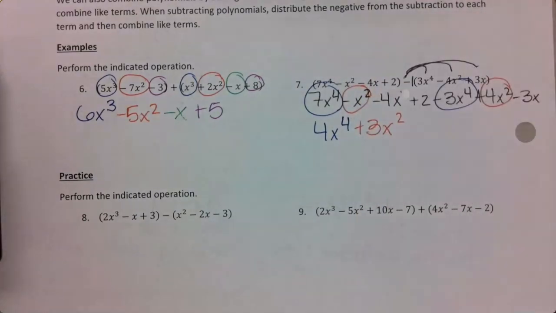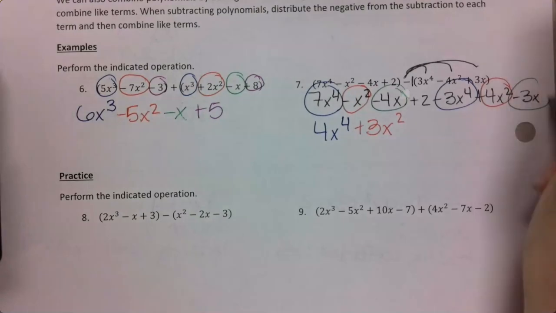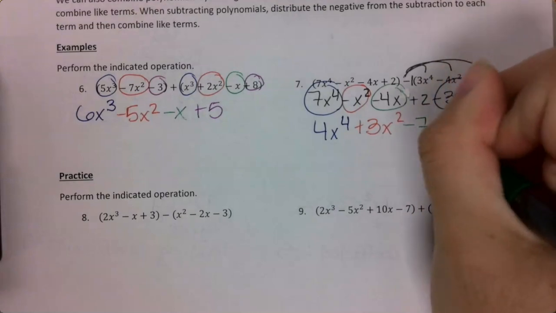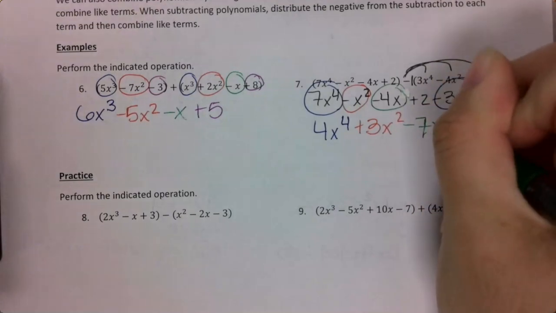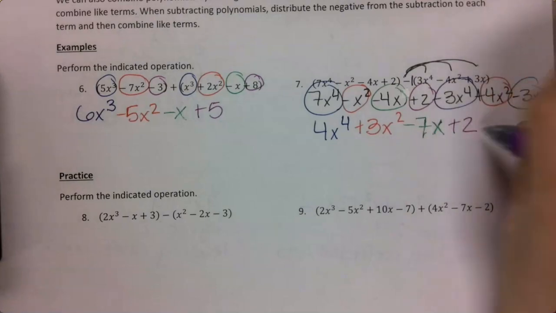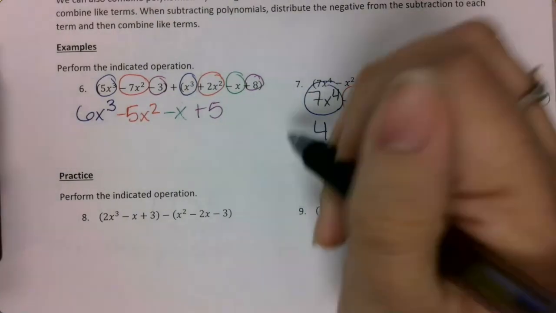Then I have negative 4x and negative 3x. Negative 7x. And then finally, I just have this 2. So this is my final answer.